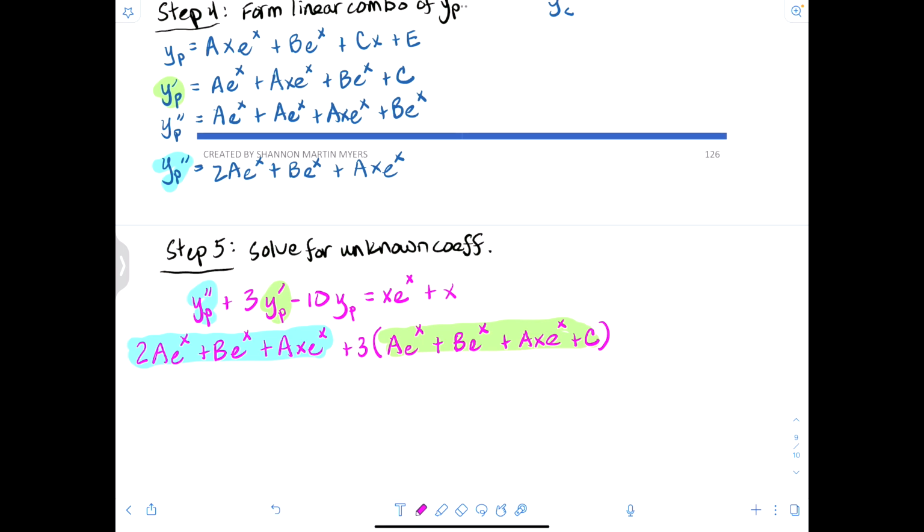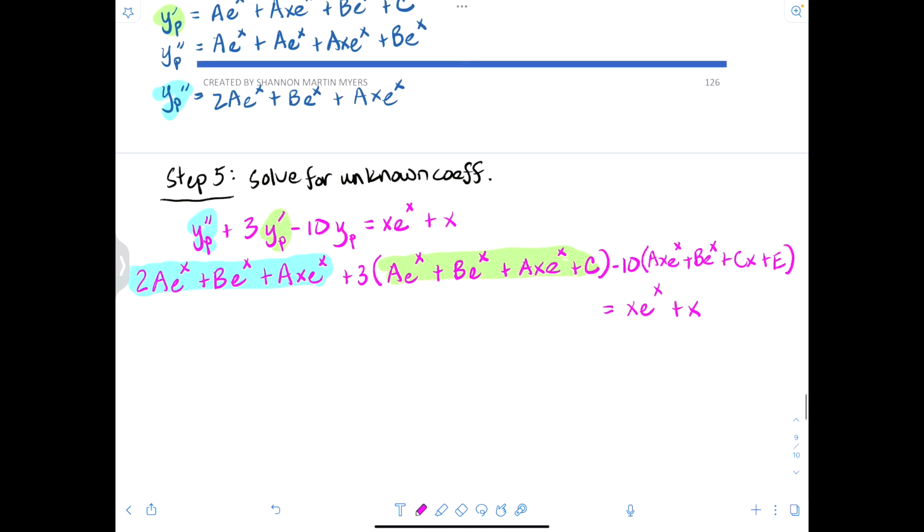And then we have minus 10 times yp, which was a x e to the x plus b e to the x plus c x plus e. And all of that is equal to x e to the x plus x.